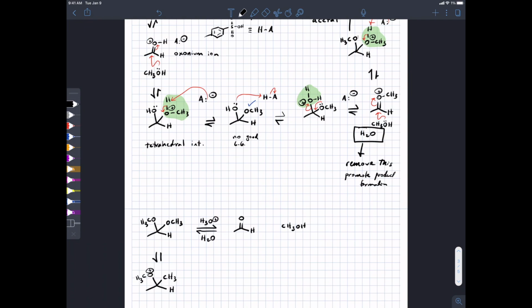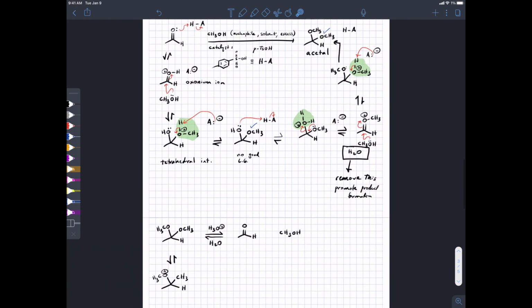Okay. Now, how would I push arrows to get from here to here? What do I need to do? Give you a hint, we've got that acid catalyst that was also there. So how do I get from here to here?